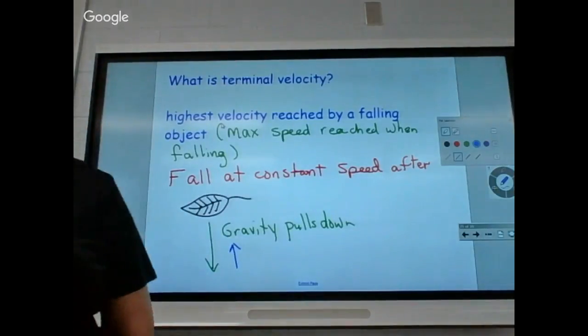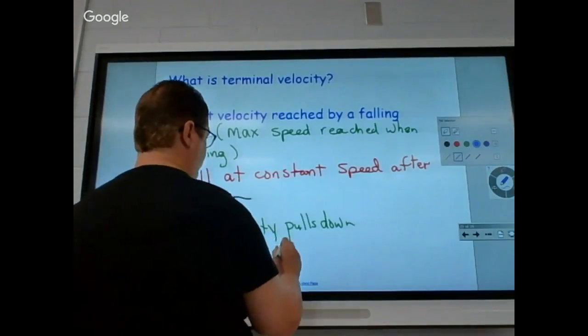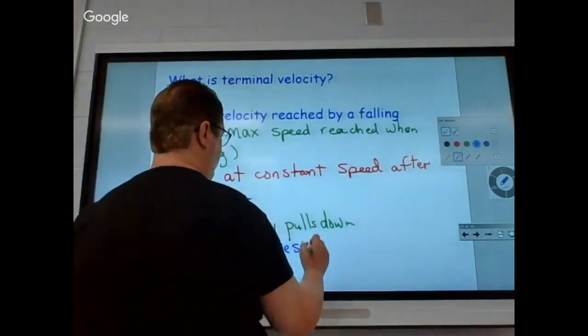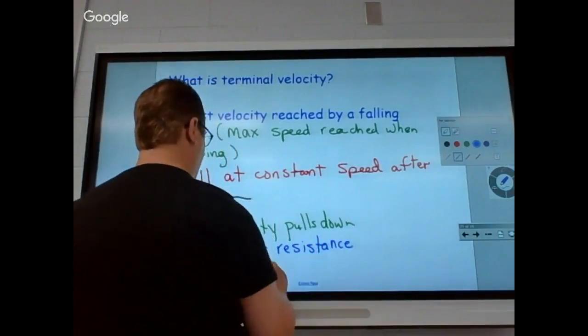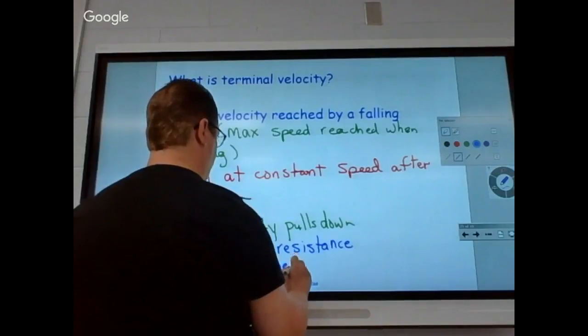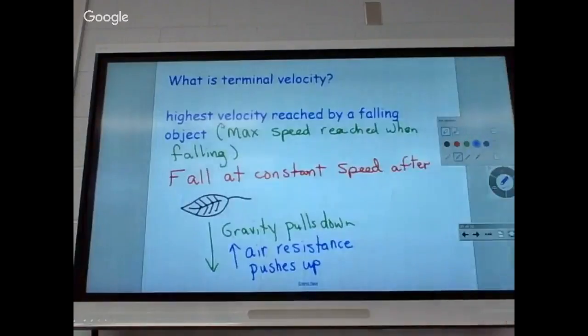Yes, that's right. Okay, gravity pulls down, air resistance pushes up.